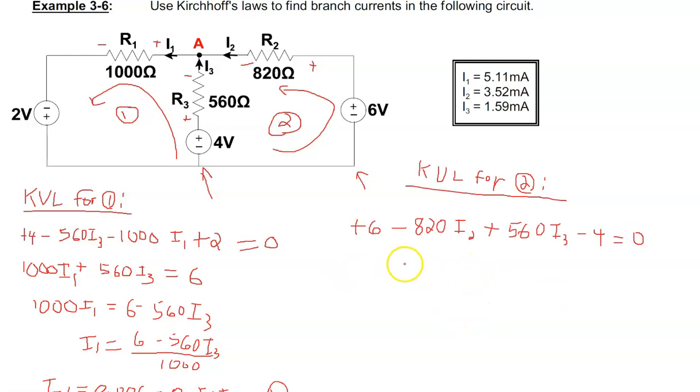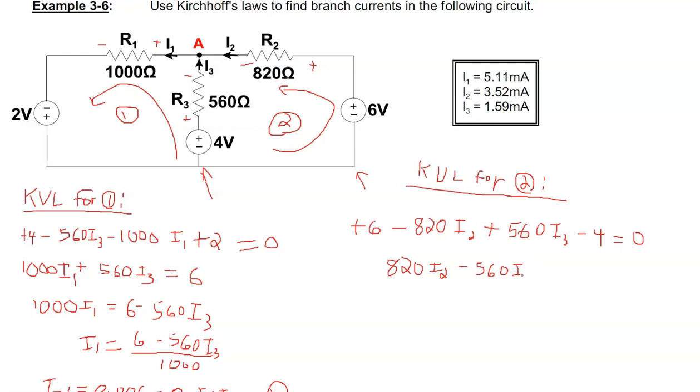Okay, so now for this one, we have 820 I2, subtract 560 I3.